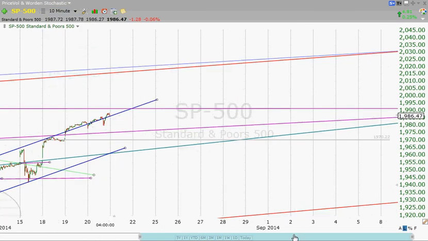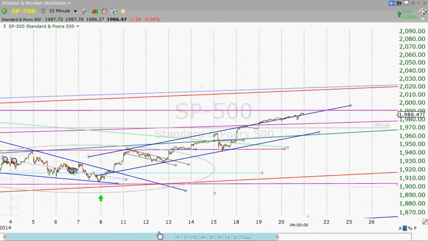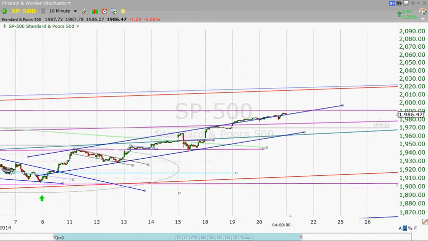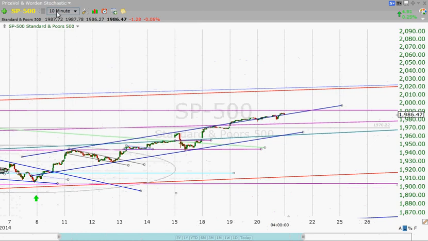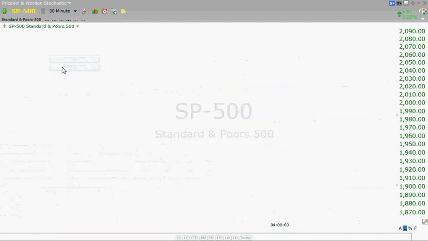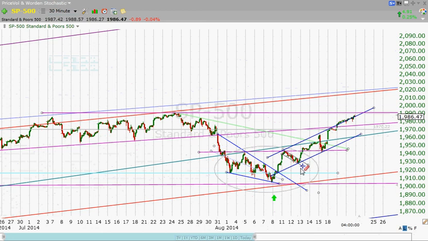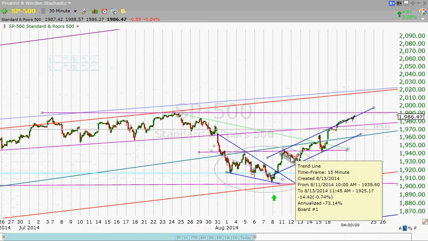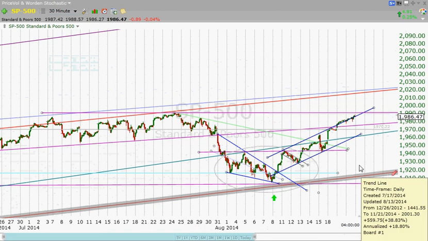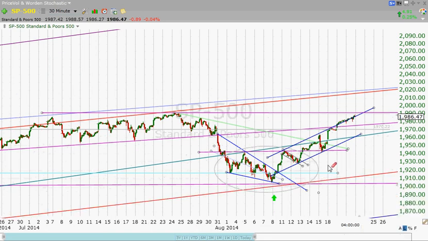So, again, that's highly speculative, but I don't mind doing that from time to time. It paid off the last time when we were forming our little inverted head and shoulders pattern right here. I mentioned that a full 2 days before that breakout took place, and really before we had much in the way of a right shoulder. But that's a nicely formed little pattern.